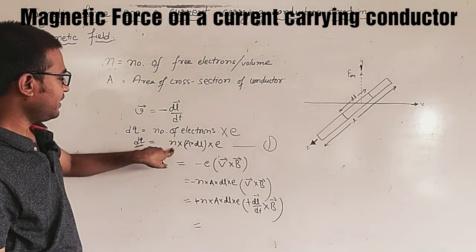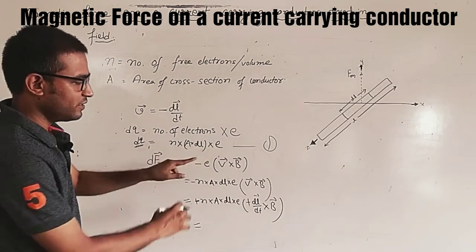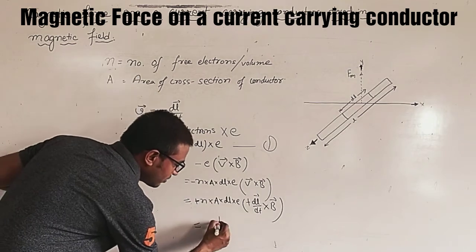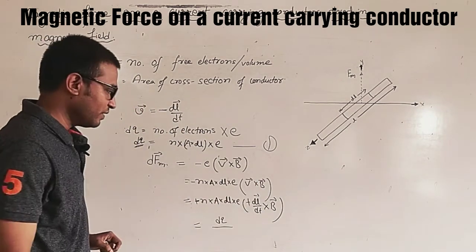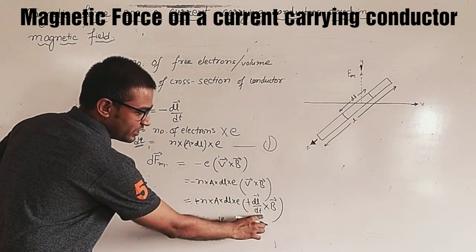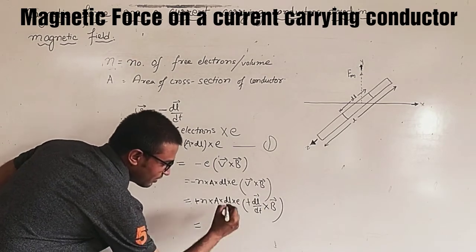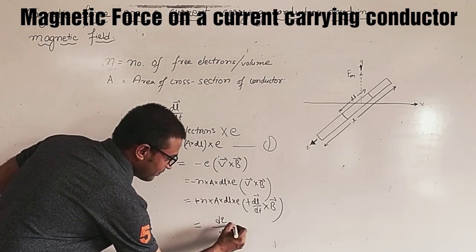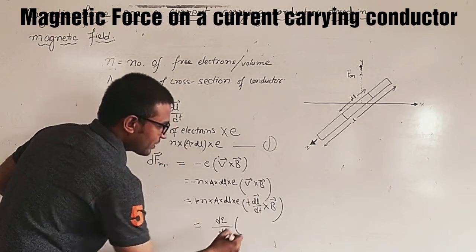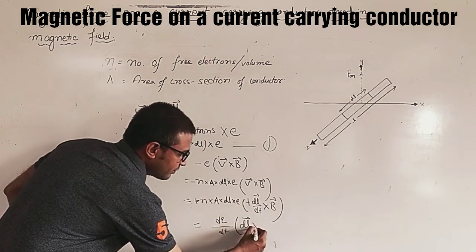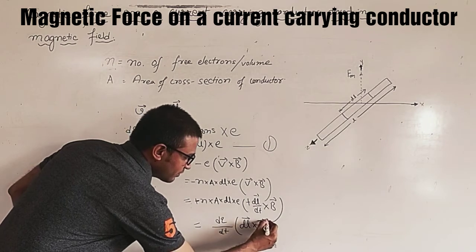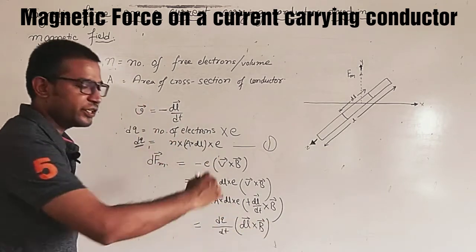Now what is n A dl e? This is dq. So removing all, we get only dq here. Again there is the term dt. Put it here, and dl cross B. Remember this expression dq by dt?